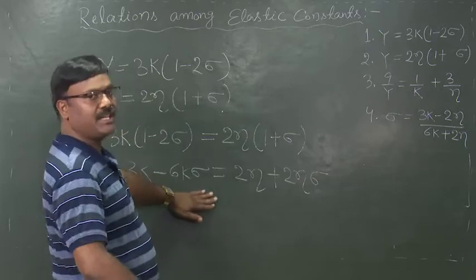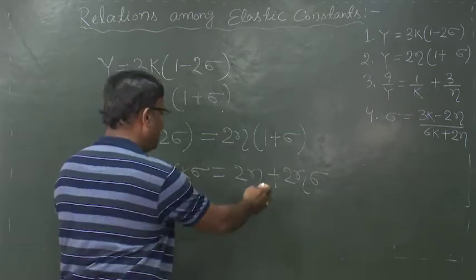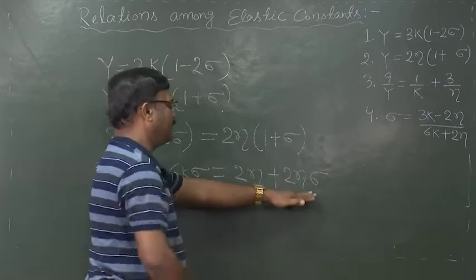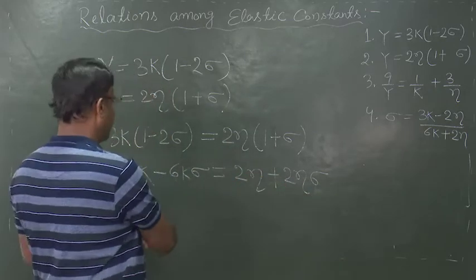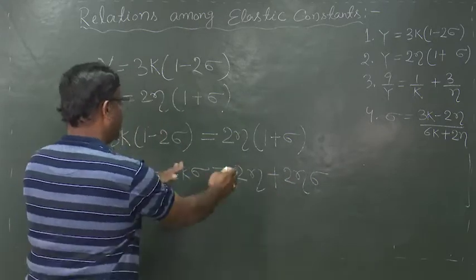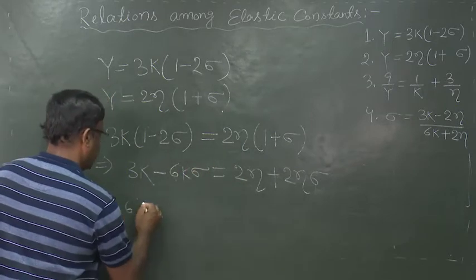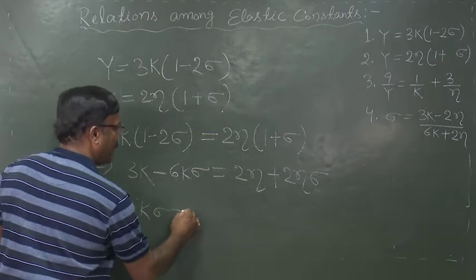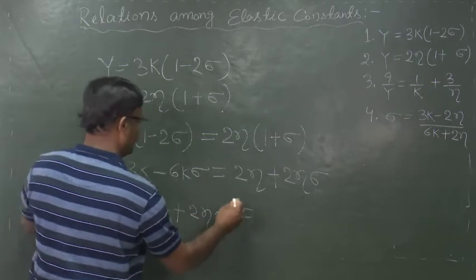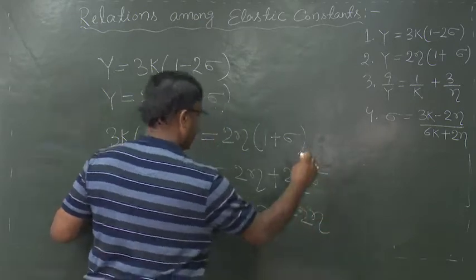And our aim is to derive the relation among K, eta and sigma. To simplify this equation, let us take the quantities containing sigma to our left side and the rest to the right side, so that we can write the above equation as 6K sigma plus 2 eta sigma equal to 3K minus 2 eta.